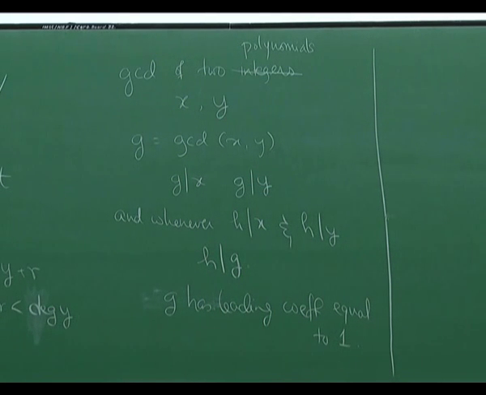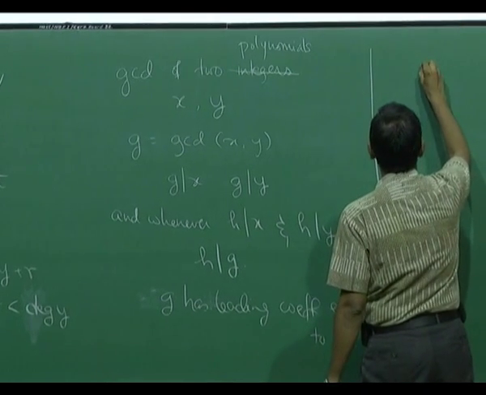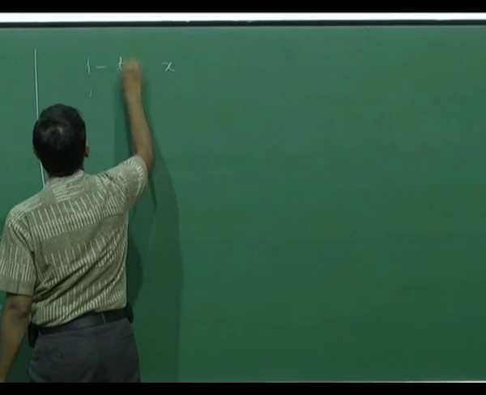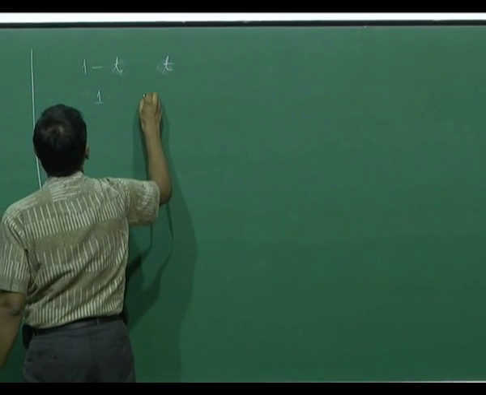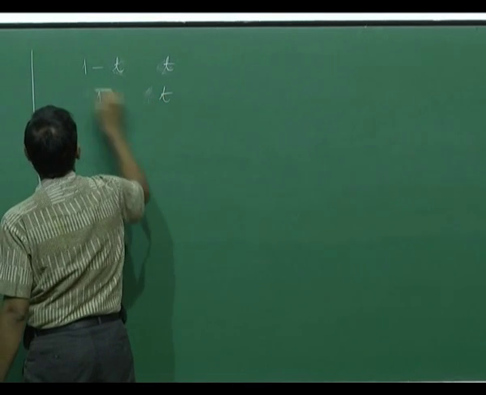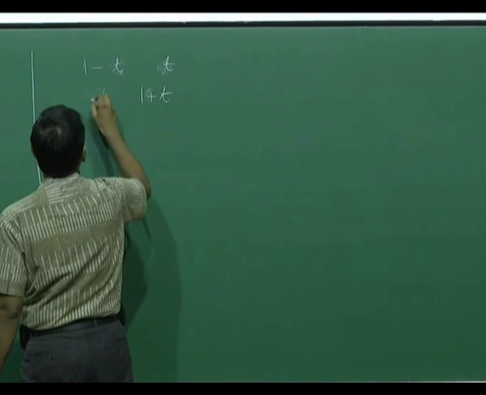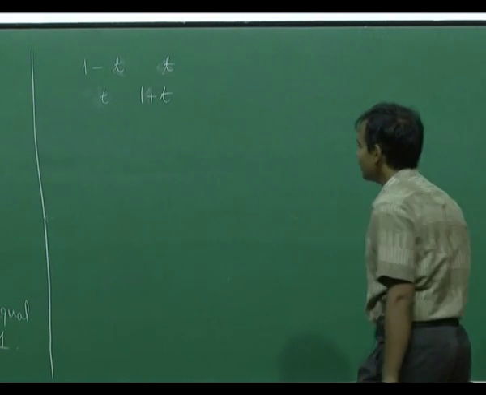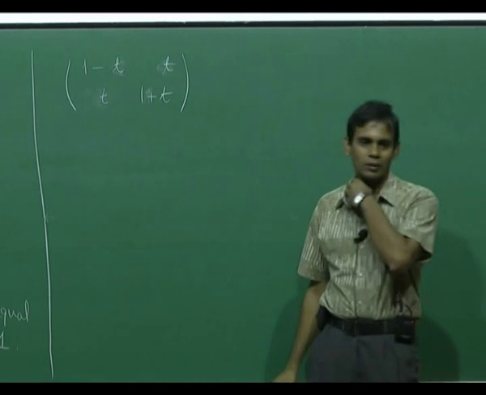So you could look at a matrix like this, something like 1 minus t, t, t, 1 plus t. Yeah, we could look at a matrix like this. This is a matrix whose entries are polynomials.